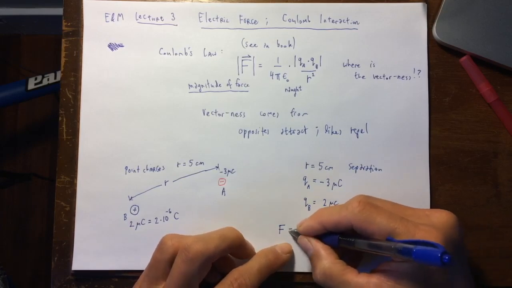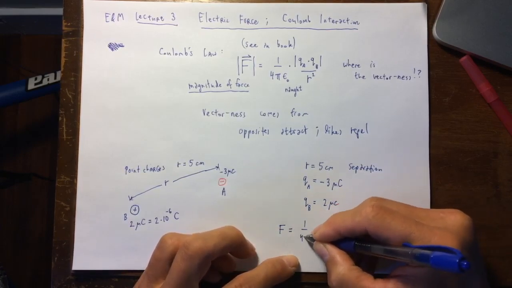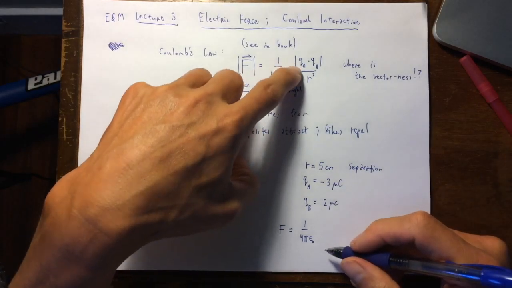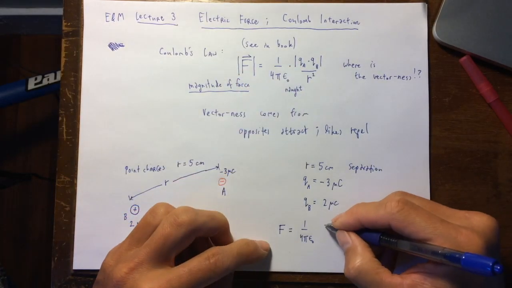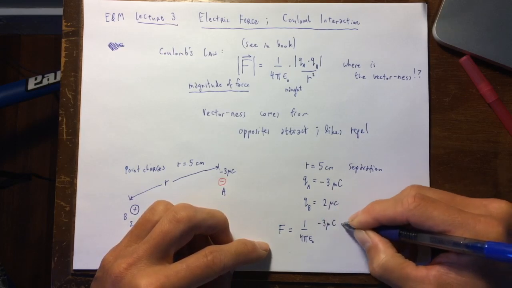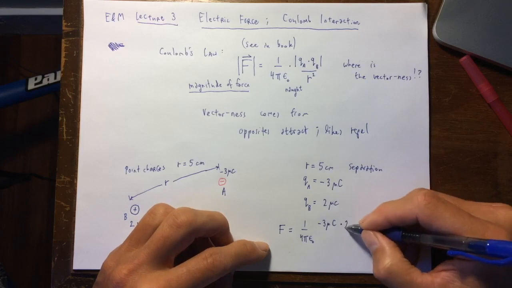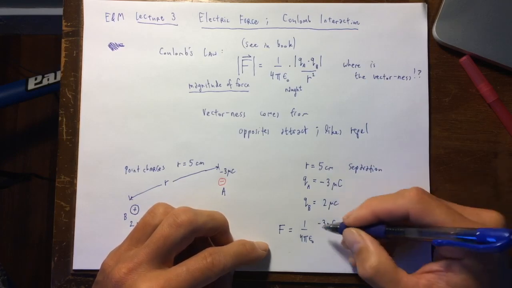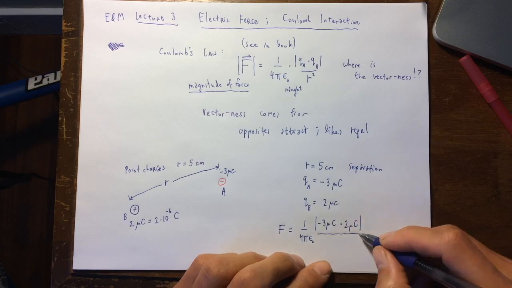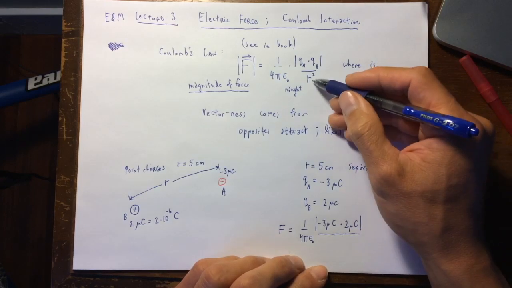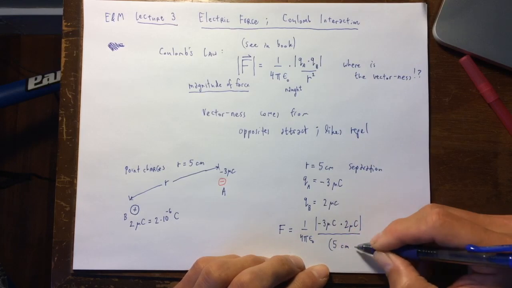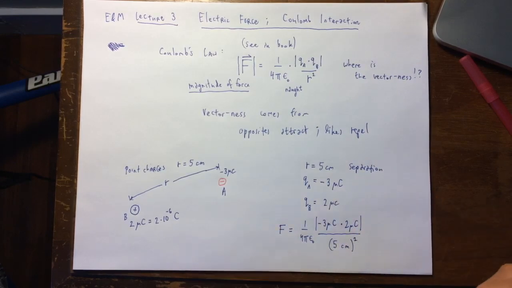So F is this 1 over 4 pi epsilon 0, and then I'll be putting in QA as 3 microcoulombs with a minus sign, and I'm going to multiply by the other charge, 2 microcoulombs, and the instruction is to take the magnitude of that, and then I divide by the distance squared, so the distance is 5 centimeters, and I'm going to have to square that.